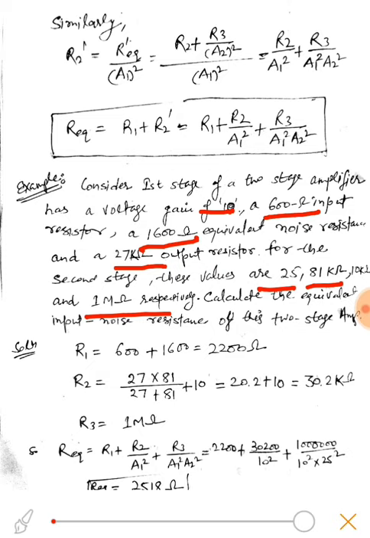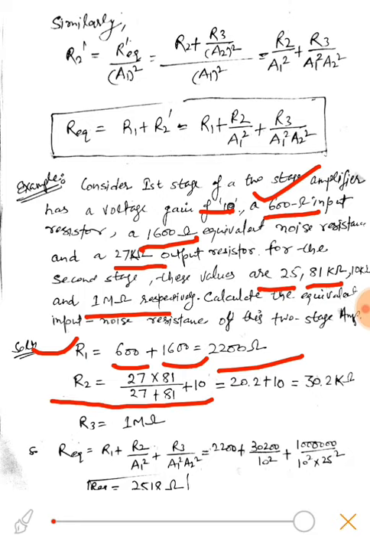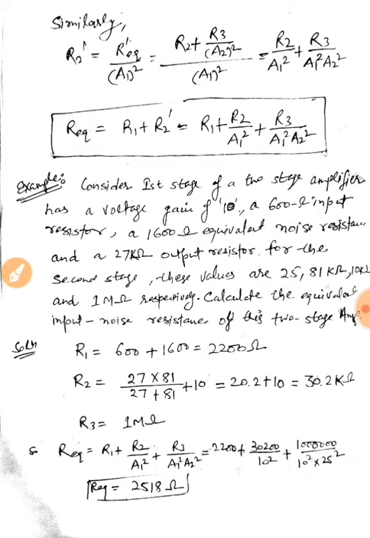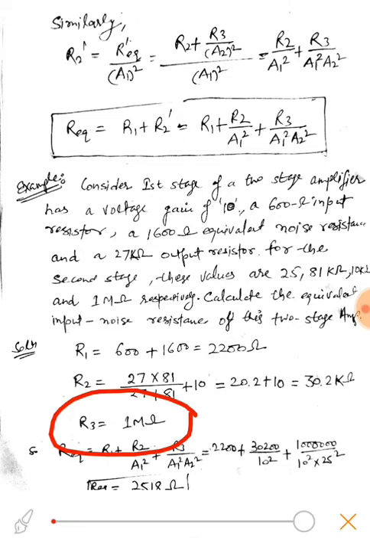So R1 would be, as we have 600 and 1600 ohm resistance, R1 will be 2200. R2 would be, since this 27 and 81 are connected in parallel, a parallel combination of 27 and 81, which comes out to be 30.2 kilo ohm, and the output resistance is given as 1 mega ohm.